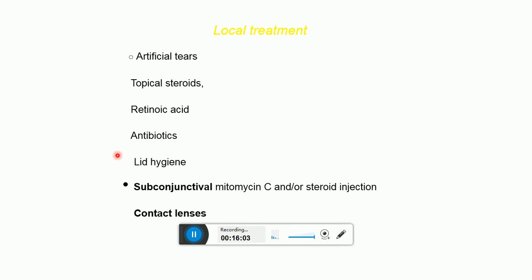Subconjunctival mitomycin or steroid injection may be used as a temporizing aid, and if systemic immunosuppression is not possible. Contact lenses may be used with caution to protect the cornea from aberrant lashes and from dehydration.